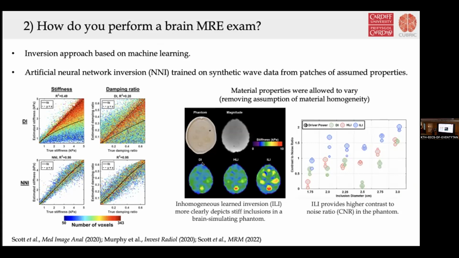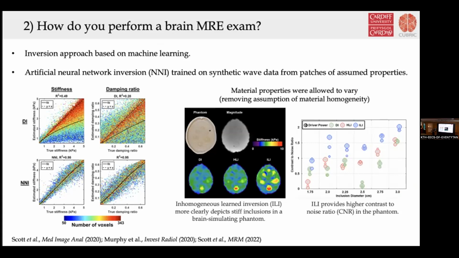These graphs clearly show that the neural network inversion has improved performance over the regular direct inversion that was often used, particularly if you are looking at smaller structures. The simulations show that this is more accurate.